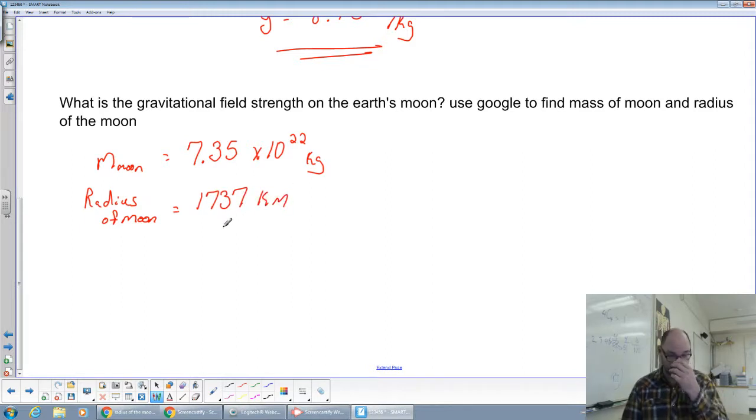Okay, so now if we're going to calculate this, we're going to get the gravitational field strength on the moon, on Earth's moon. Okay, and we're talking about being right on the surface.